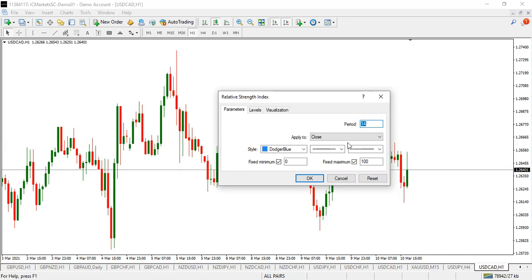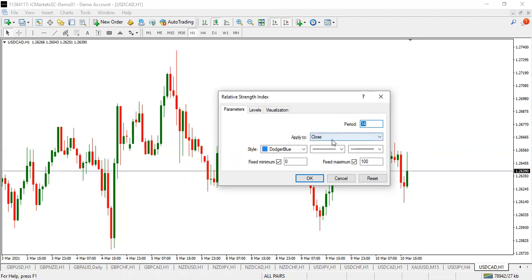The period is the set of candles it's going to calculate. In this case, the RSI is going to use 14 candles, depending on the time frame you are using. So if you change it to anything, the number you change it to is the period the RSI is going to calculate.